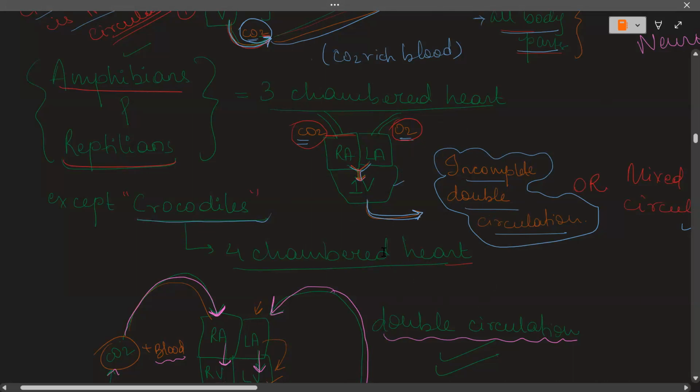Then you write down, the ventricle pumps out mixed blood. Full stop.